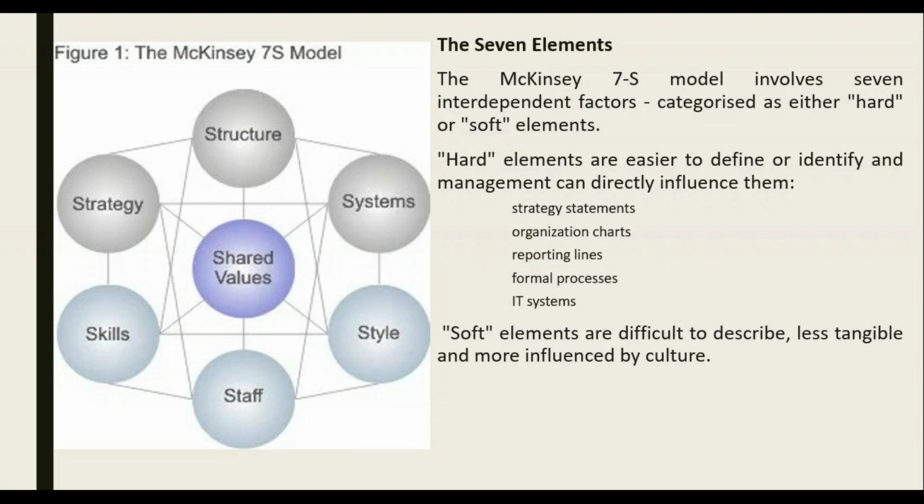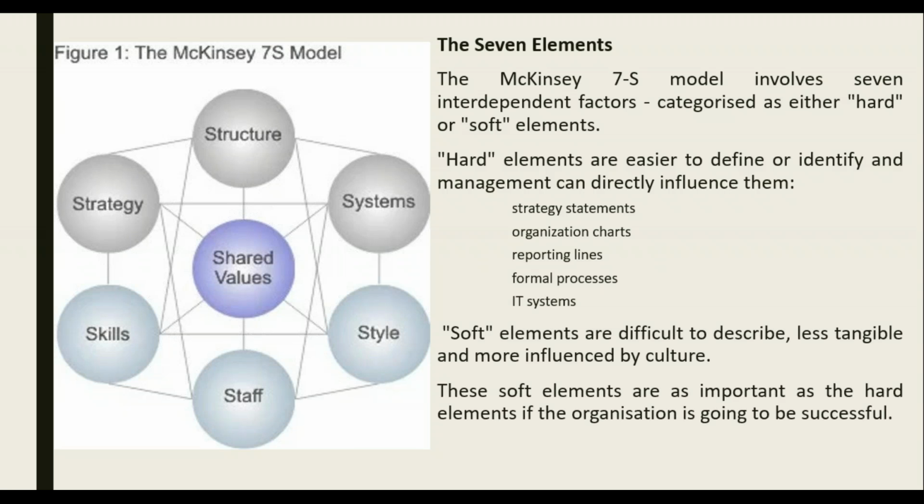Soft elements, on the other hand, are much more difficult to describe. They're less tangible and more influenced by culture. However, these soft elements are as important as the hard elements if the organisation is going to be successful. The way the model is presented in the diagram depicts the interdependency of the elements and indicates how a change in one affects all the others.